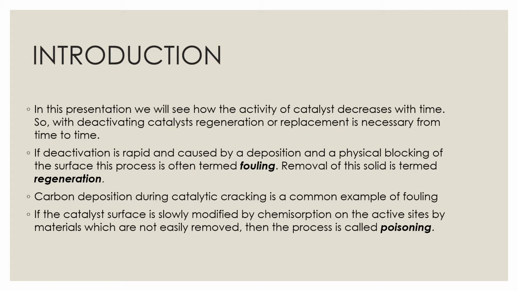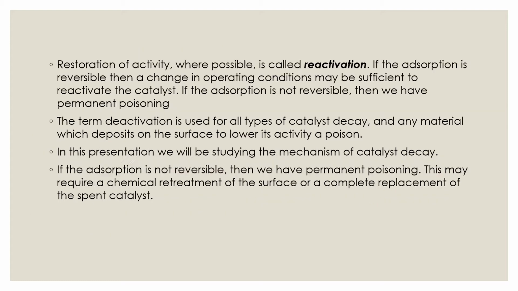If the catalyst surface is slowly modified by chemisorption on the active sites by material which is not easily removed, then the process is called poisoning. Another definition for the same process: restoration of activity where possible is called reactivation. This is the process that is opposite to deactivation of the catalyst.